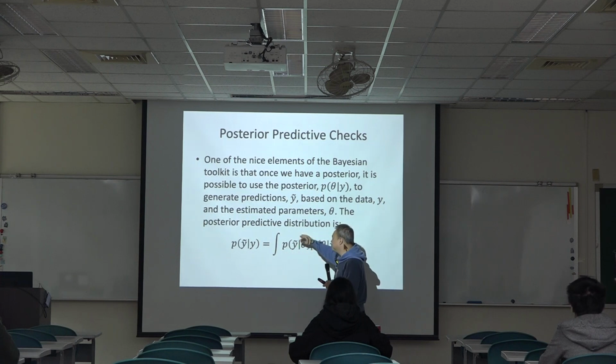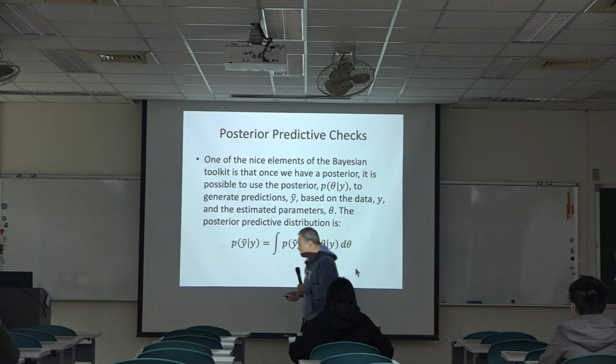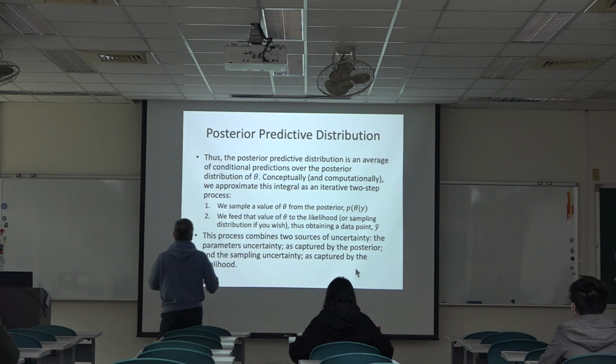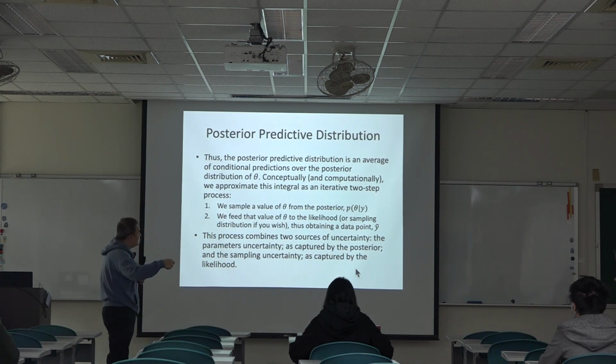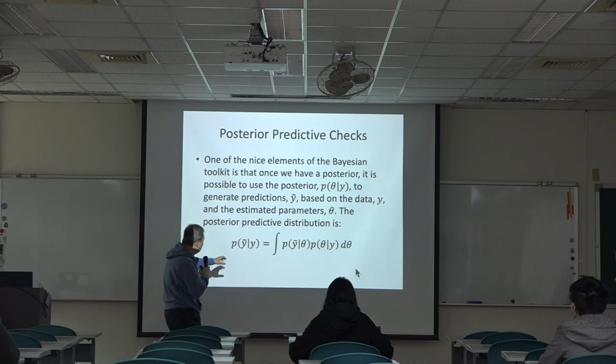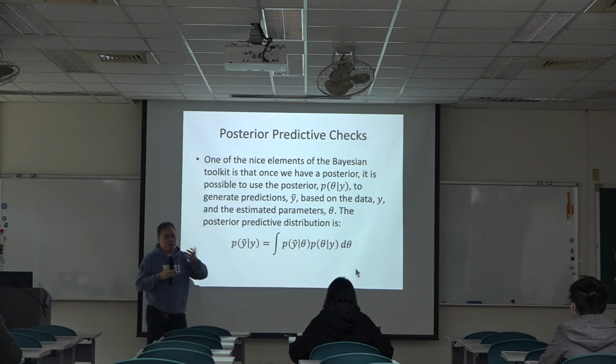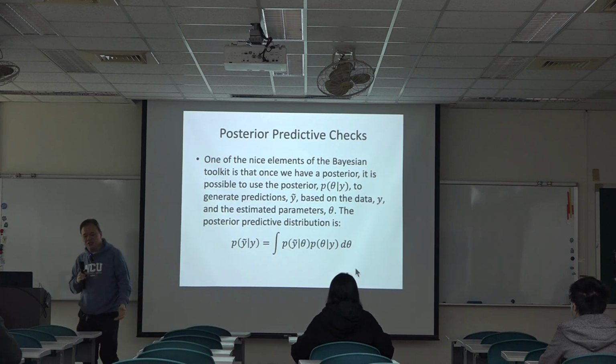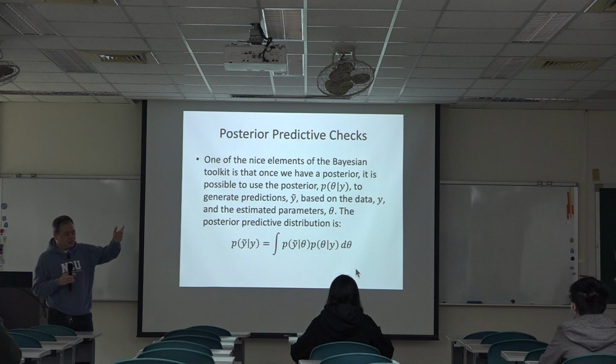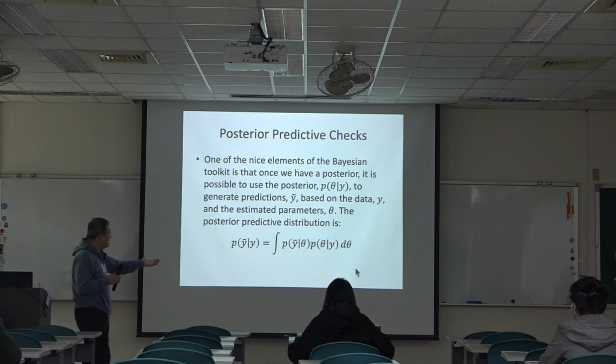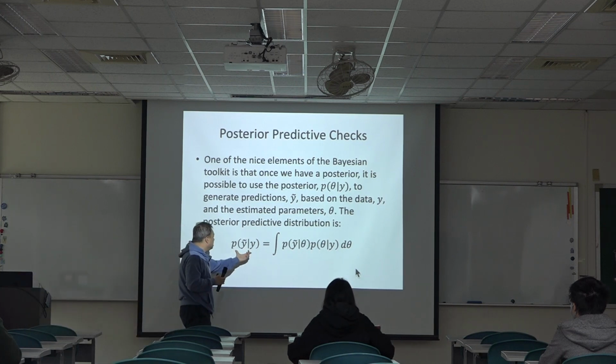That's the result of this one. So you can treat this as the posterior predictive distribution. This is a distribution, by the way. When I say it's a distribution, what I infer is that the integral of this is going to be 1, right?